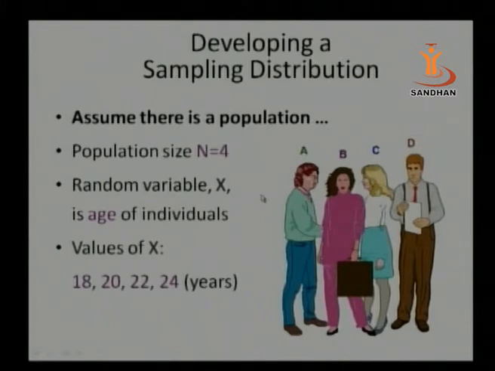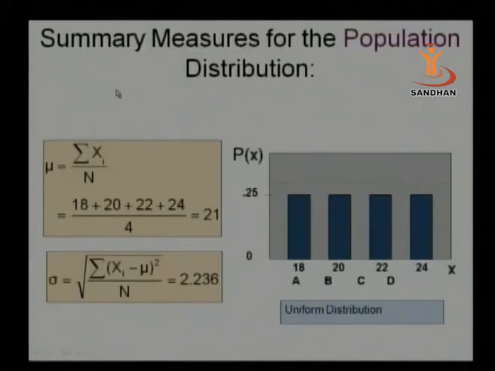These 4 are observations of a population. Here the variable x is the age of 4 individuals. Suppose they are 18, 20, 22 and 24 years respectively. Okay, now we will generate the sampling distribution. So here again are the summary measures of the population distribution.